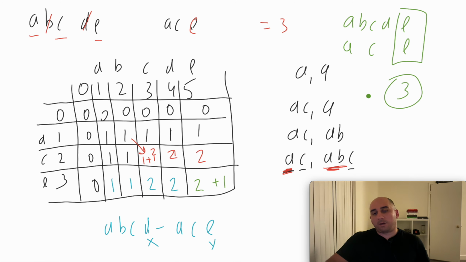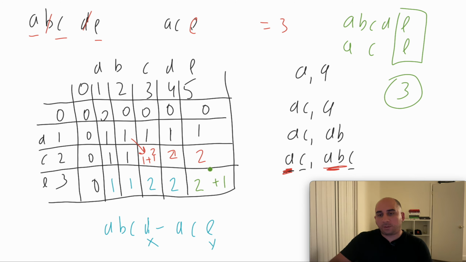Okay, I hope it's clear. The point is that we have a problem, and we can break it down into subproblems, solve those subproblems, and then build up to our solution.